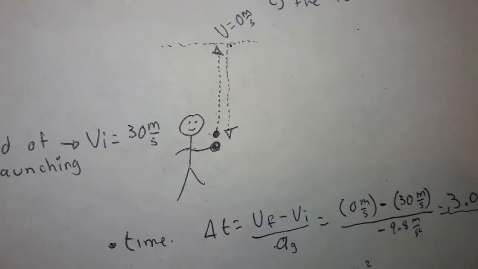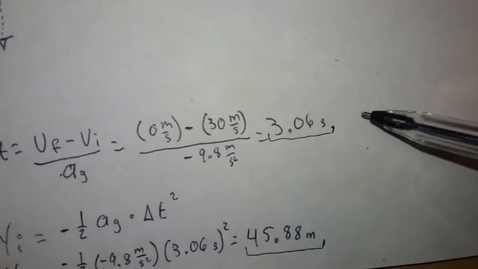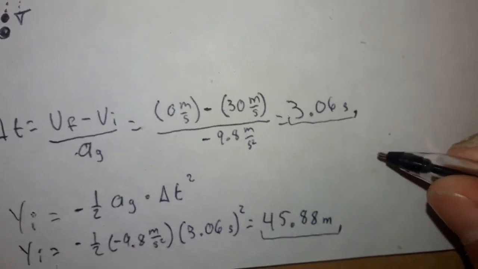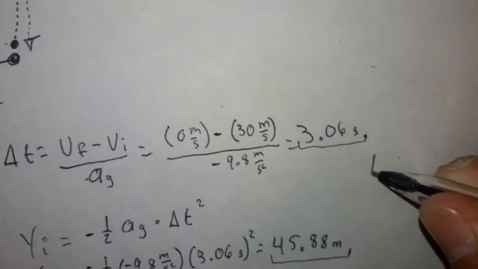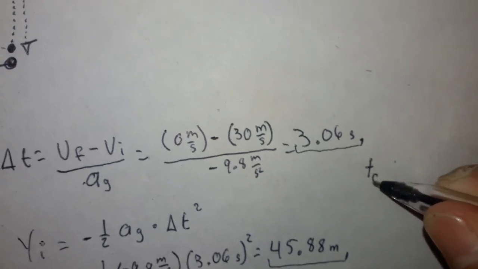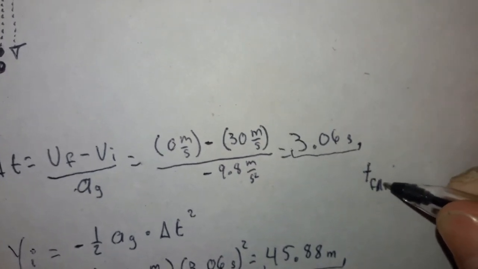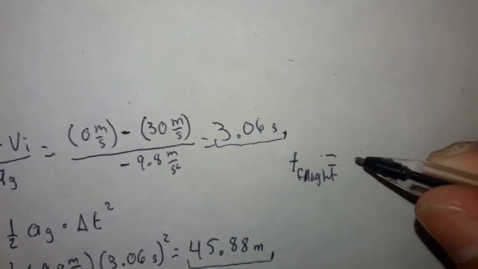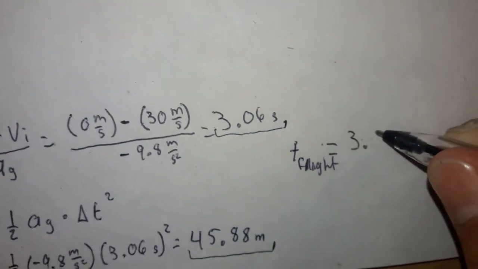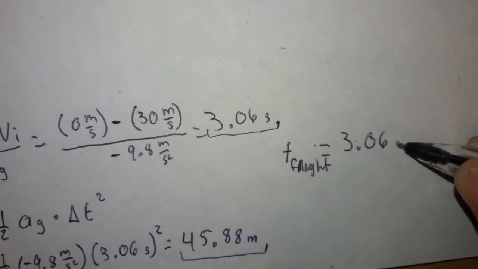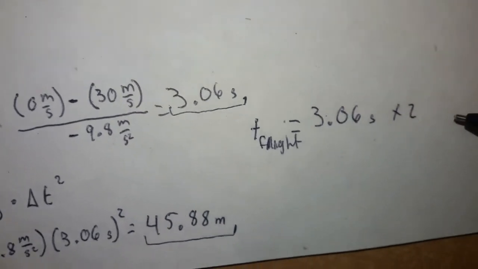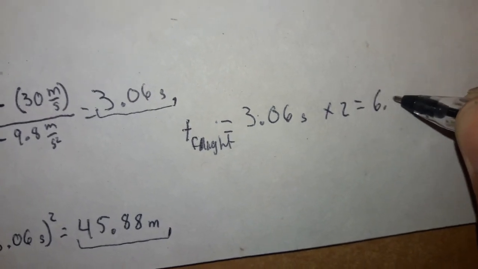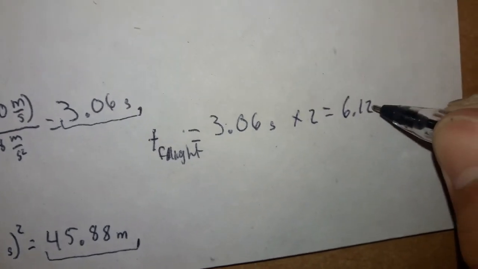So you just multiply this by 2 to obtain the total time of the flight. The time of flight is 3.06 seconds times 2, and you'll get 6.12 seconds.